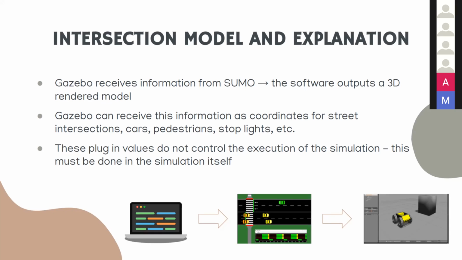But it should also be noted that these plugin values cannot be executed as commands in the simulation. This must be done in the simulation itself. We can delve deeper into this on the next slide.